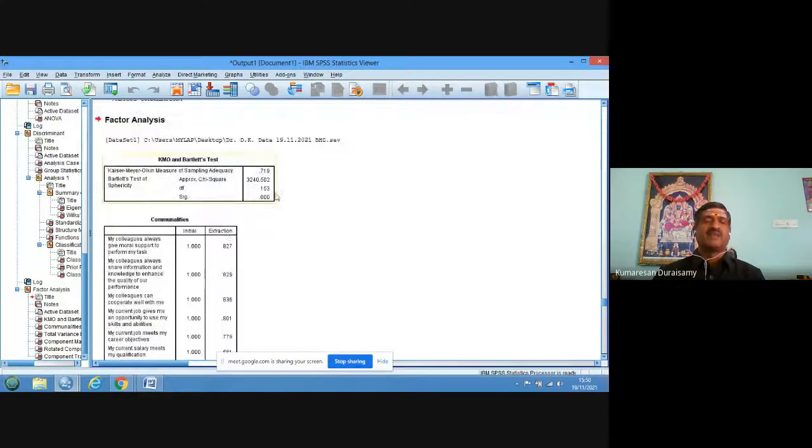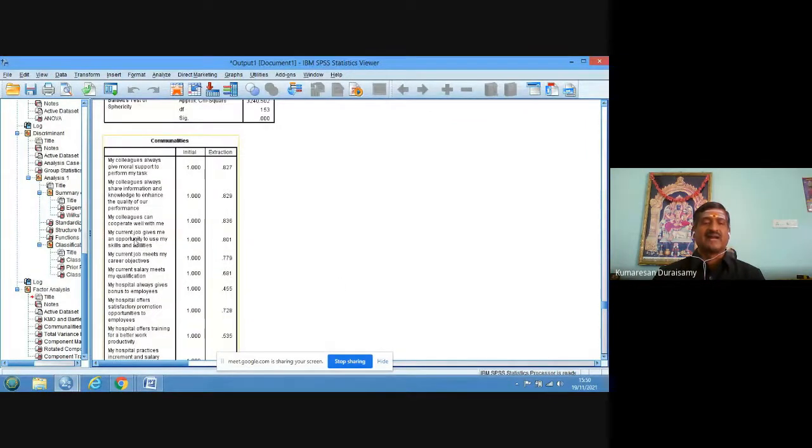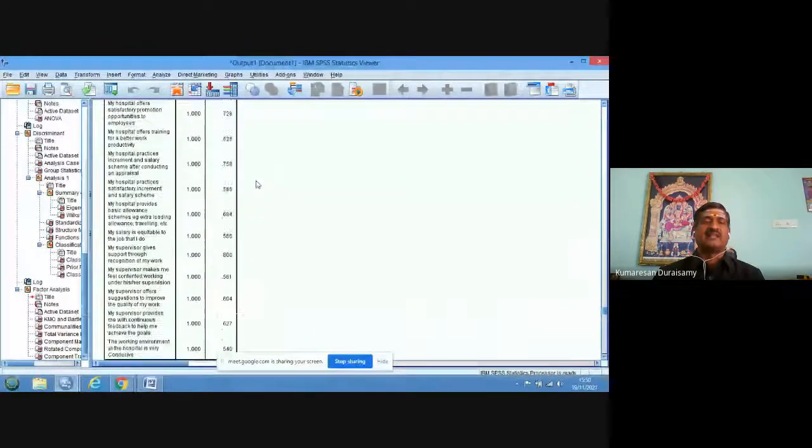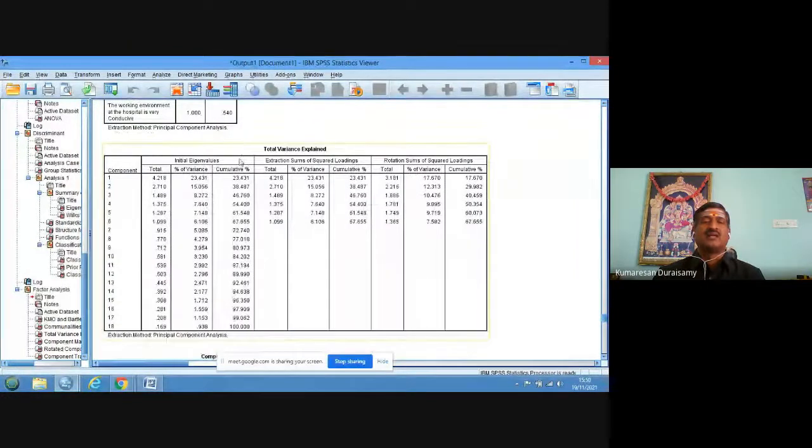Then it is initialized to 1 for the given factors. This is the factor loadings extracted, but we need not explain anything here. Come to the total variance explained. See, these are the 18 factors. Eigenvalues.